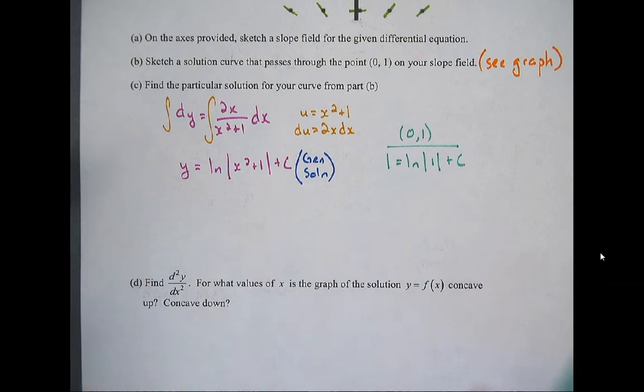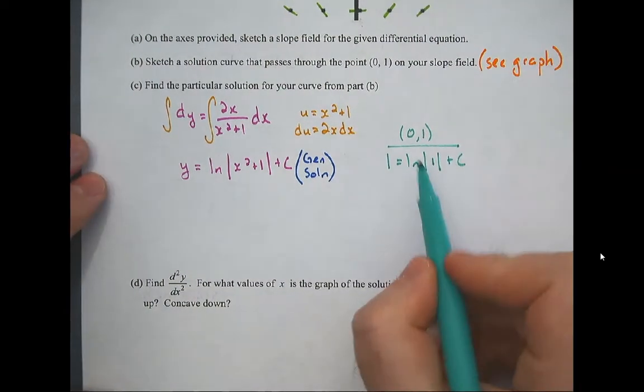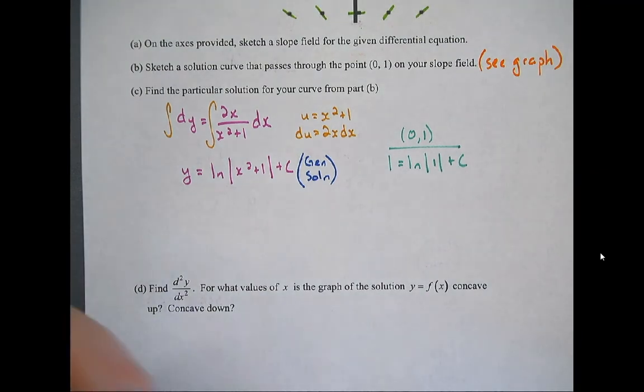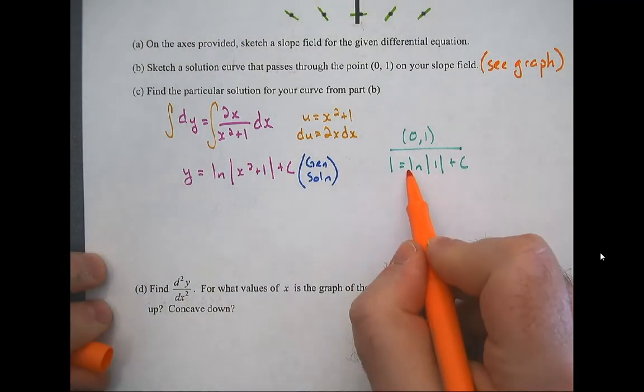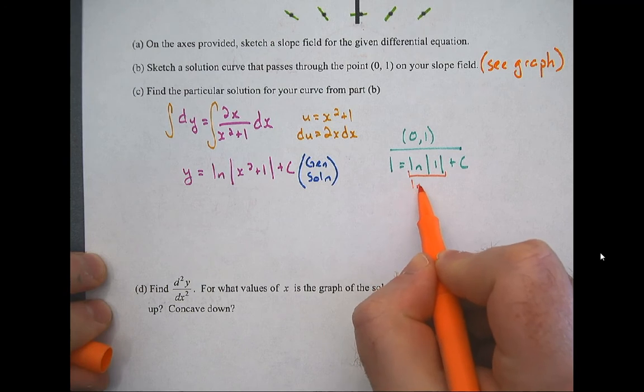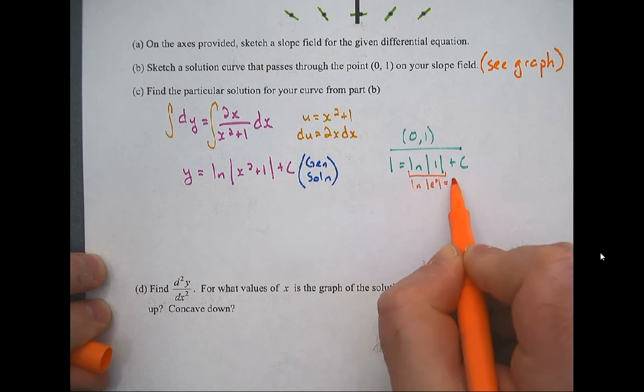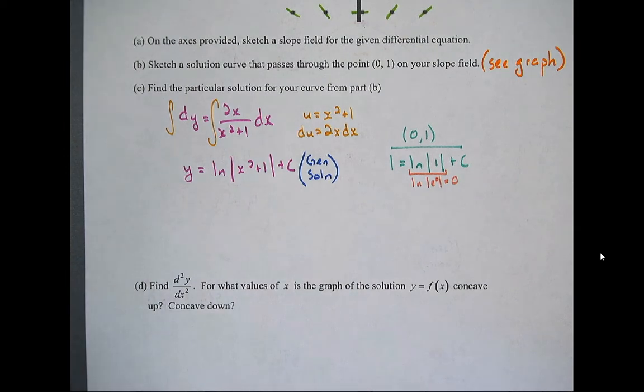All right, this is one you've got to remember. You've got to remember that 1 is always e to the 0th. 1 is e to the 0th power. And then when you take the natural log, that natural log and the e are going to cancel each other out, and you're going to get 0. I'll do it in a different color to highlight. This is the natural log of the absolute value of e to the 0. Natural log and e cancel, which ends up being 0.